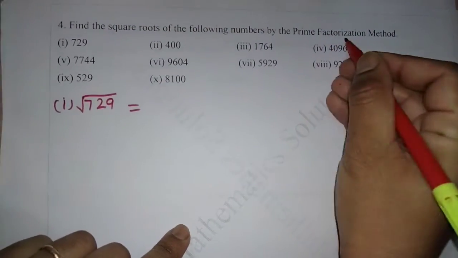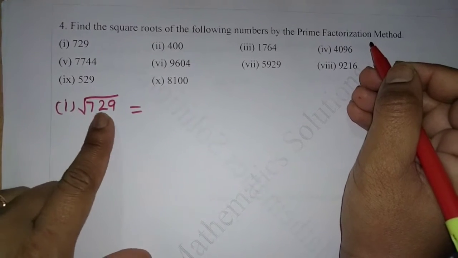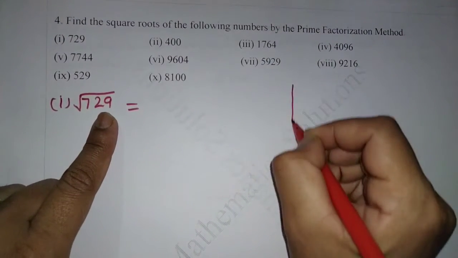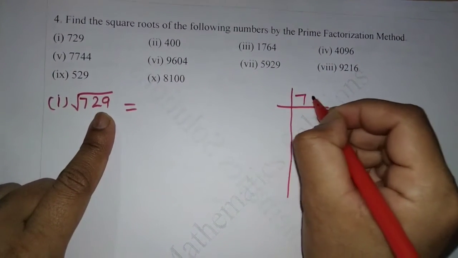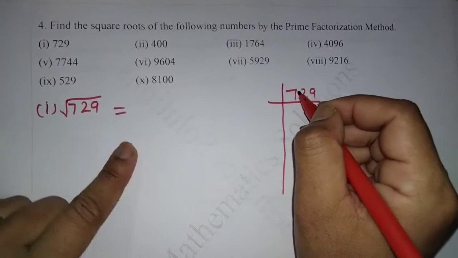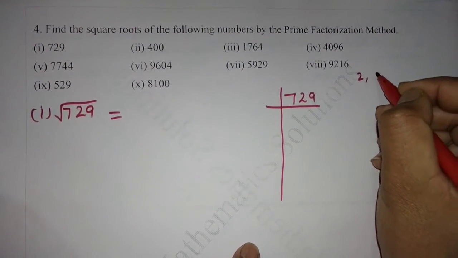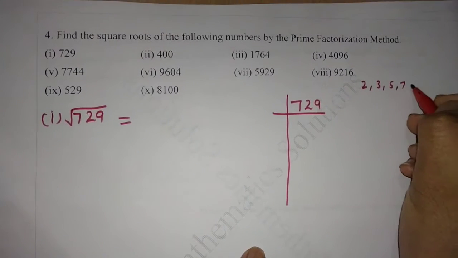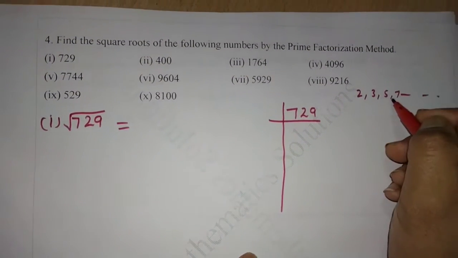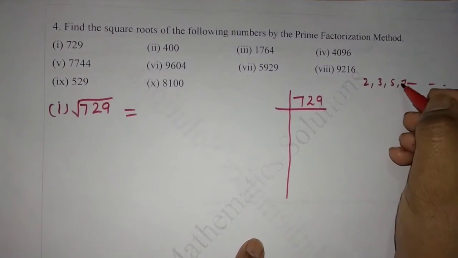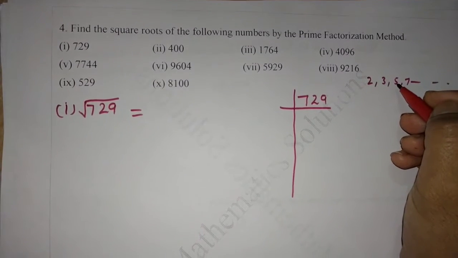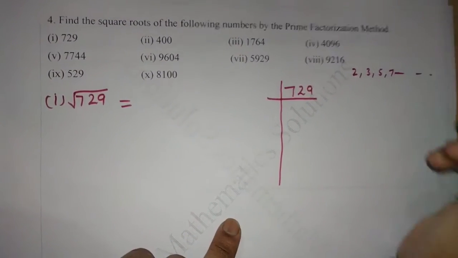As the name suggests, in the prime factorization method we have to find the prime factors of the given number. So we will divide the given number by prime factors. Our first prime factor is 2, the next is 3, 5, 7 and so on. These are the numbers which have only 2 factors, the number itself and 1.